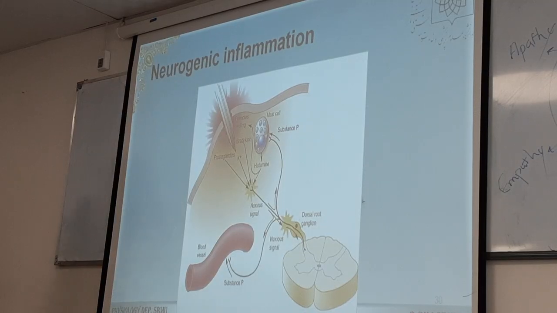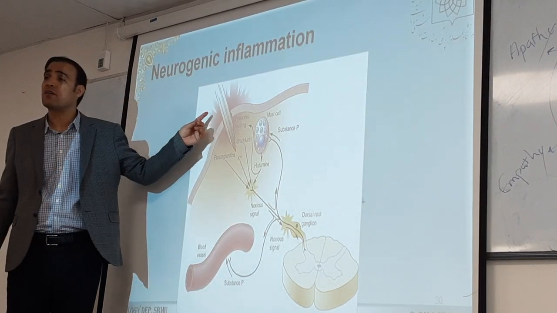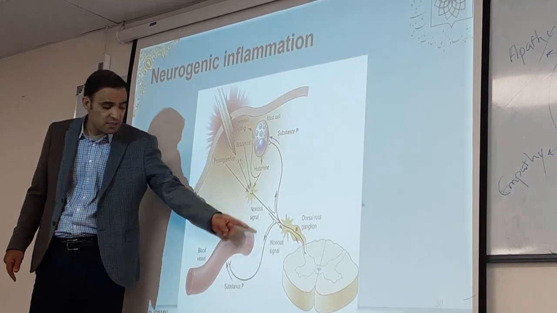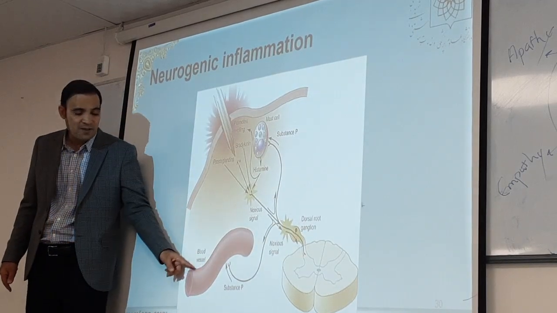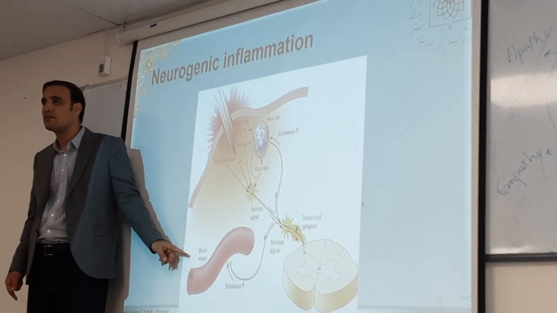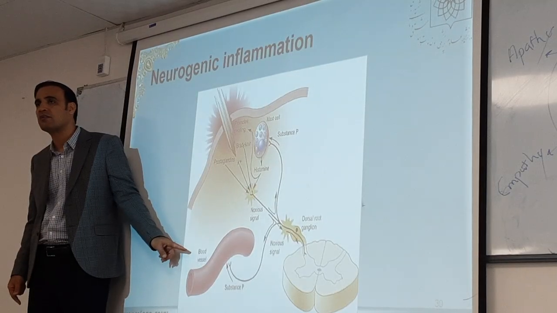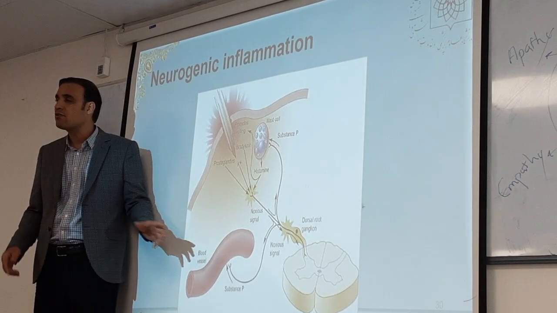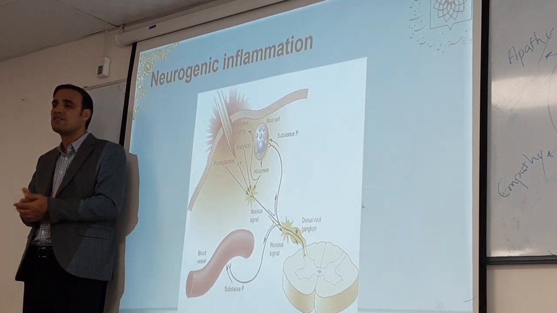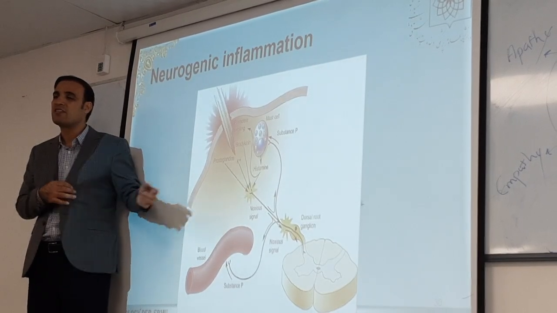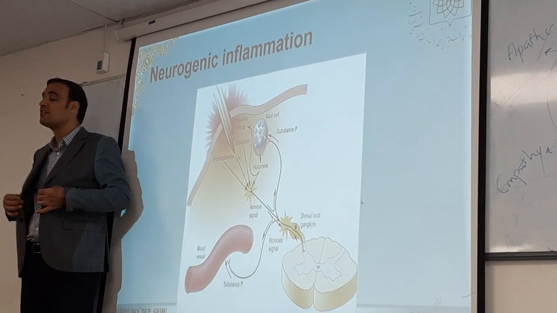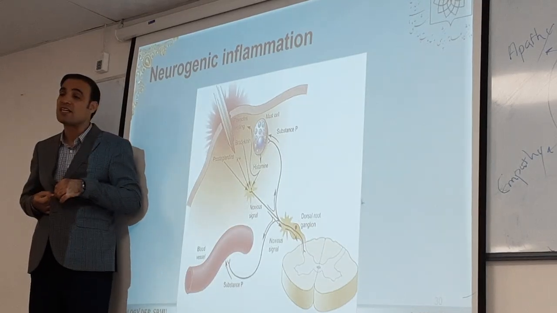And you know, when nerve fibers are activated by noxious stimuli, they release some factors such as substance P. Substance P affects the vascular system, capillaries and arterioles, and this allows the blood flow to this area to increase and generate inflammation, getting the skin reddish.